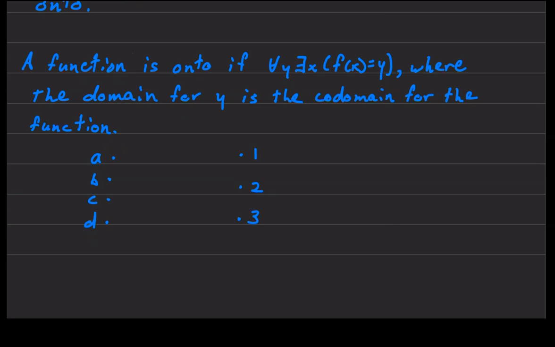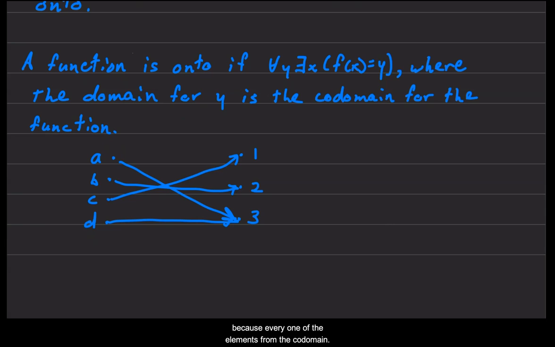codomain for the function. We can take a look at a graphic for this, and we can map element a to 3, element b to 2, element c to 1, and element d to 3, and see that this function is onto, because every one of the elements from the codomain is mapped to some element from the domain.